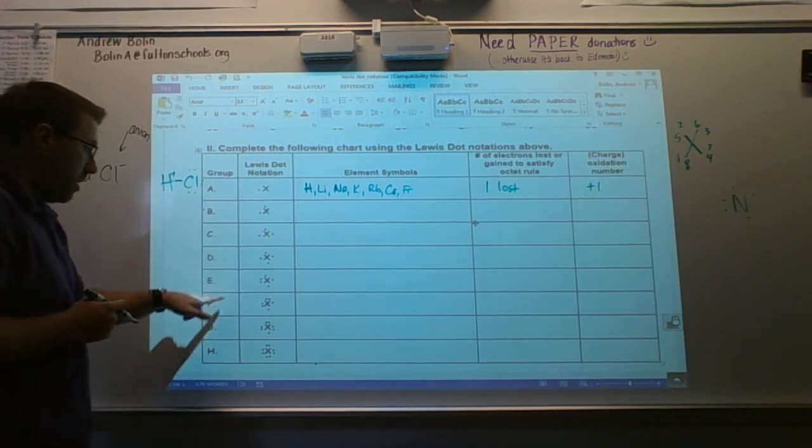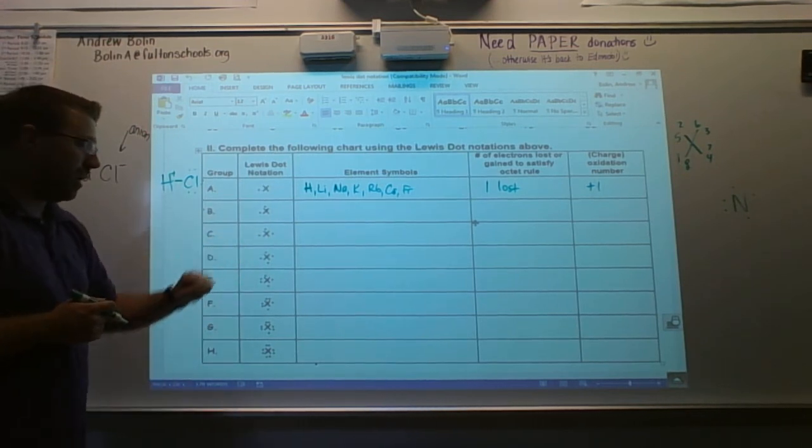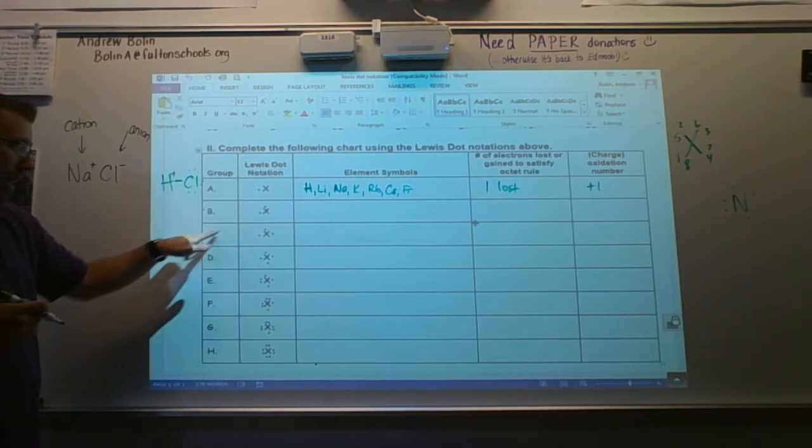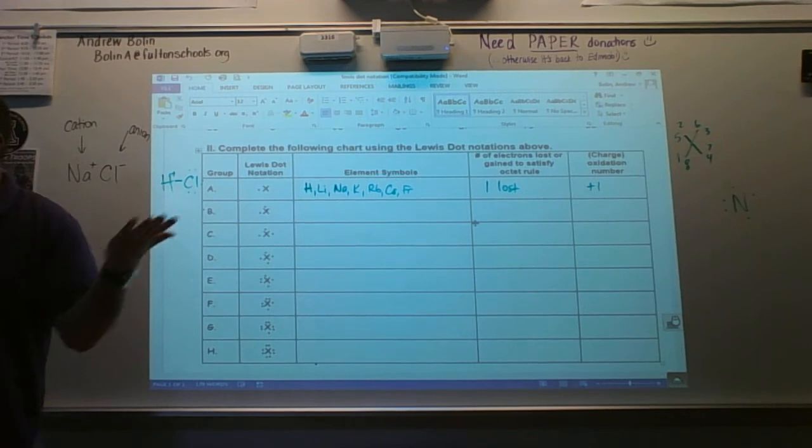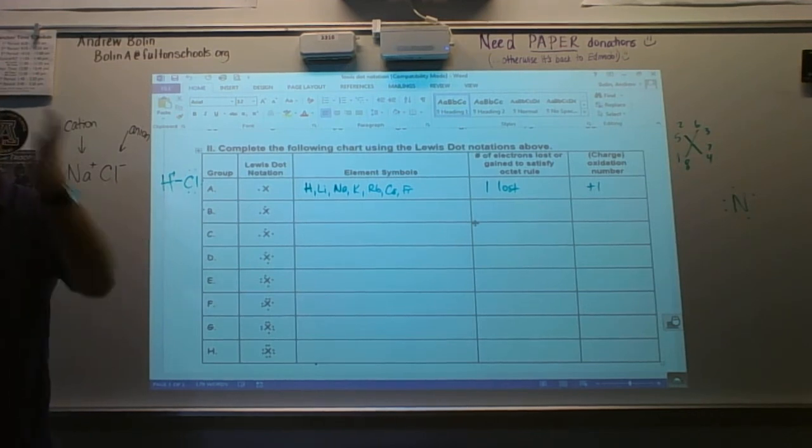So we'll do, let's say, this one. For element X, in this group, any element X has 3 valence electrons. So what elements are in that group?